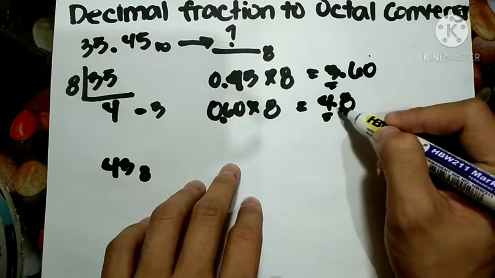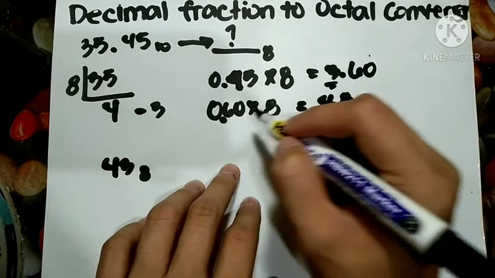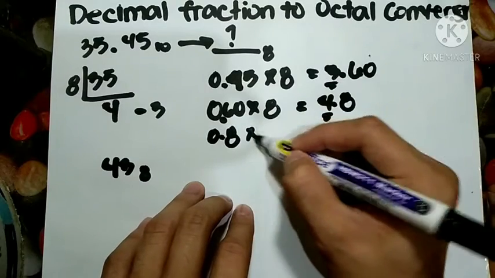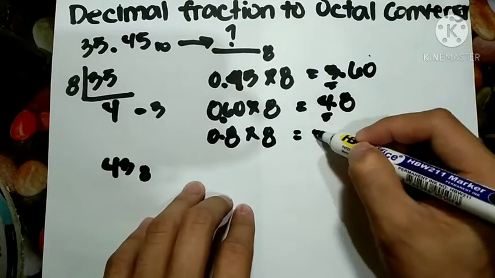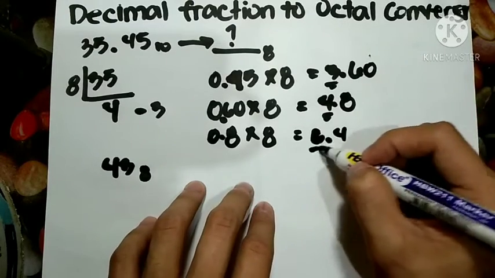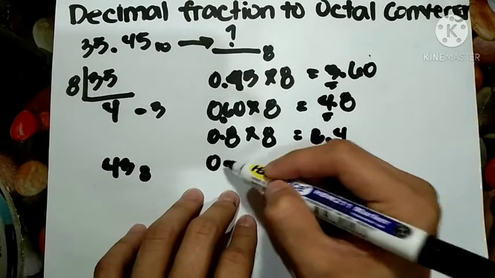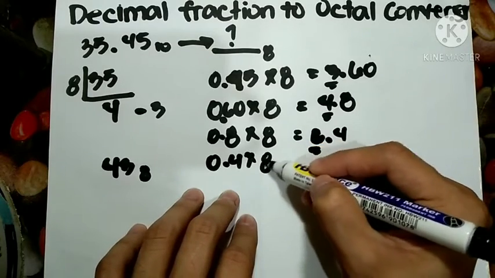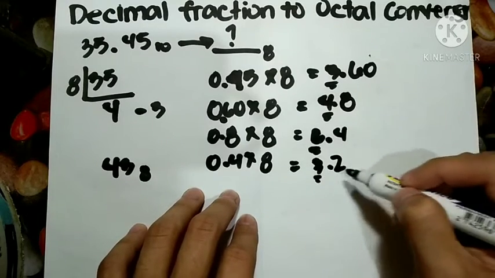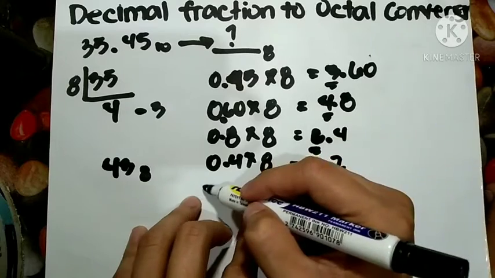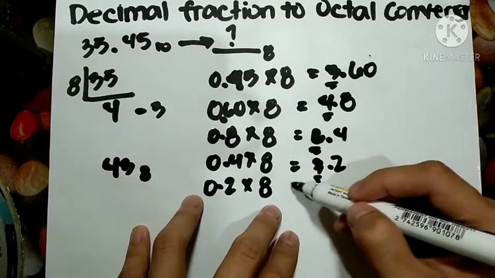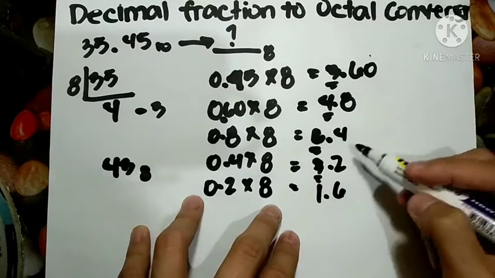Then we only multiply the fraction part by 8. So 0.8 times 8 is equal to 6.4. Then 0.4 times 8 is equal to 3.2. Then 0.2 times 8 is equal to 1.6.